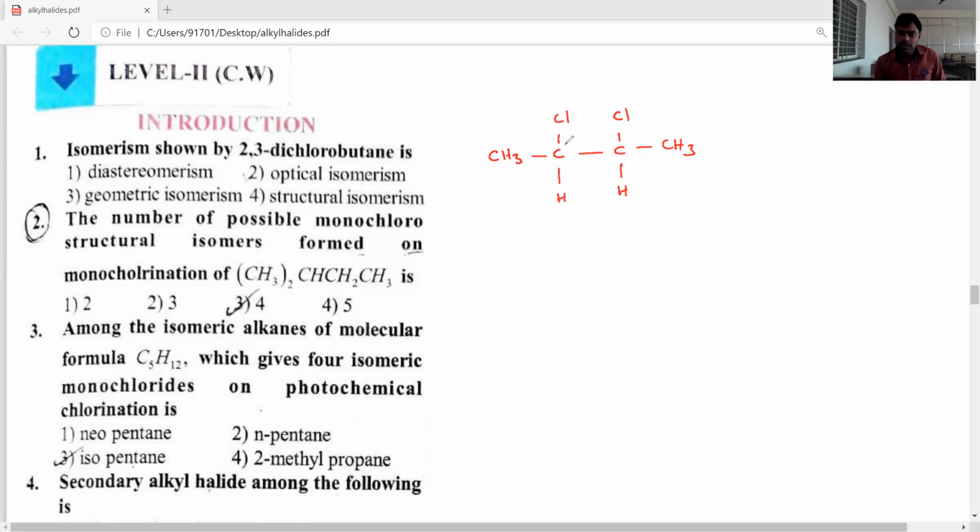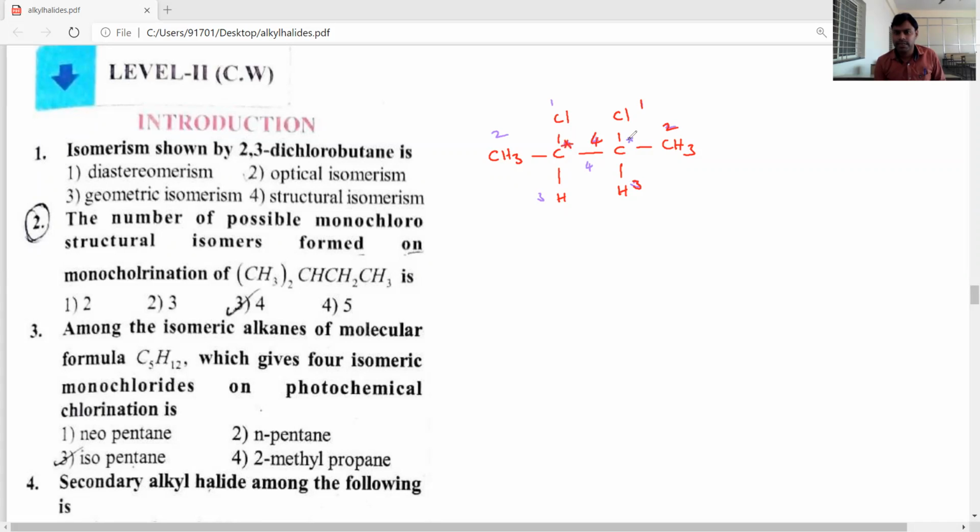Now, if you observe this chlorine-attached carbon atom, the groups are 1, 2, 3 and 4. So 4 different groups are present.